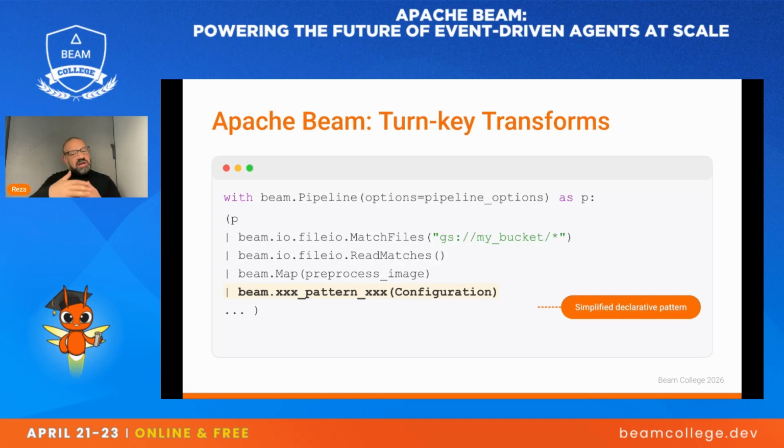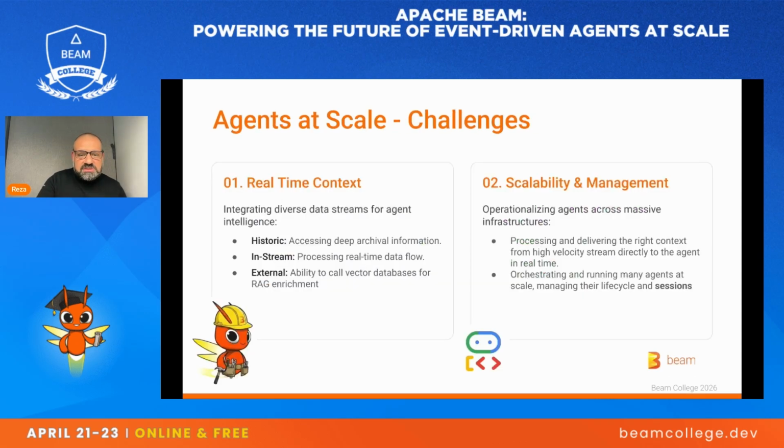This makes writing the pipeline much simpler, and means that people don't need to repeat things over and over again. Now, there are many turnkey transforms that were developed, and they are particularly well suited for this agent space, as we'll see in a moment.